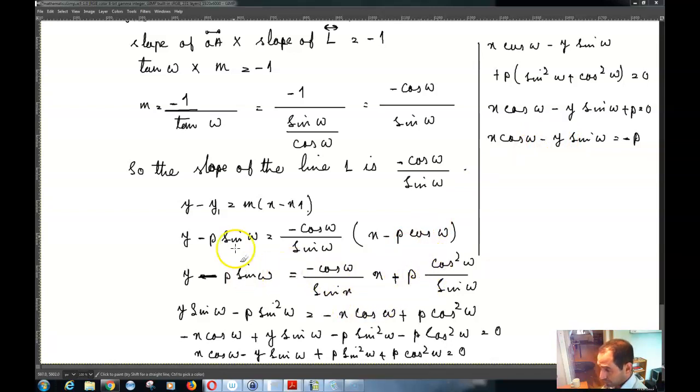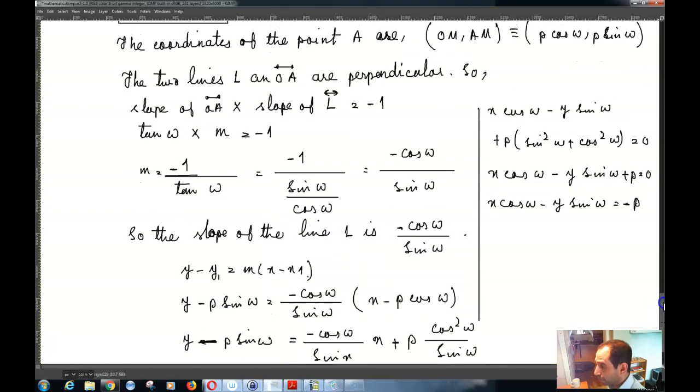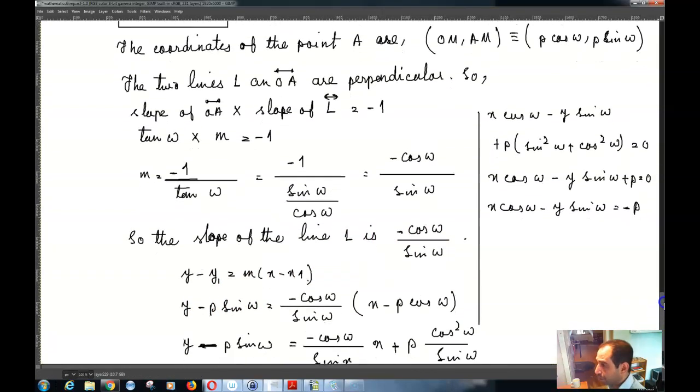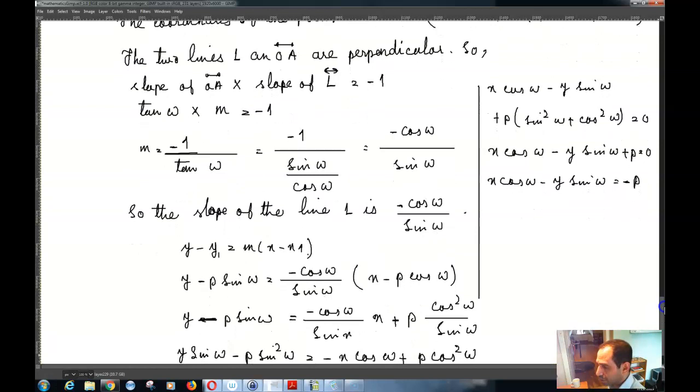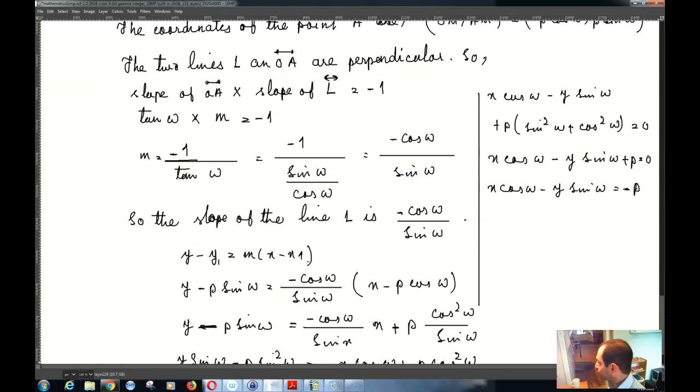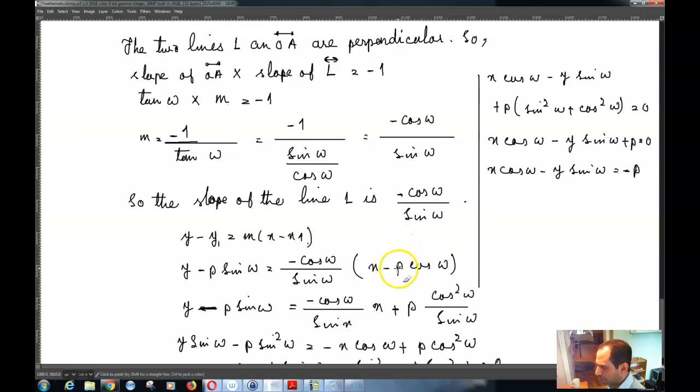I think I've made a mistake somewhere over here. y minus y1 is equal to m times x minus x1. y minus p times sine omega is equal to negative, and the slope is negative cos omega by sine omega, and over here I have x minus p times cos omega.